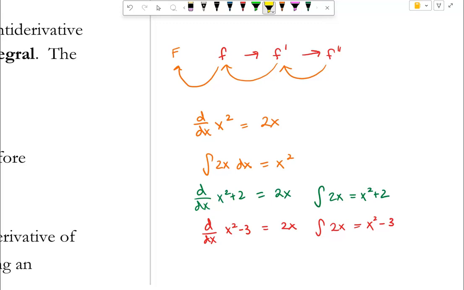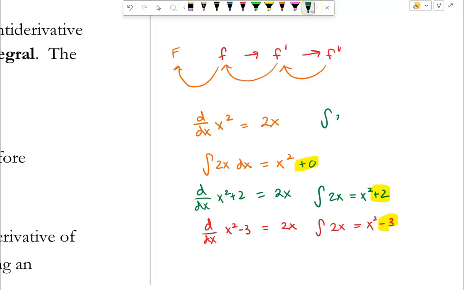Notice all three of these antiderivatives we got are the same in that we have an x squared, but they're different by a constant. Our constant on the first one was just 0. So we call that the constant of integration. There are infinitely many antiderivatives of 2x.